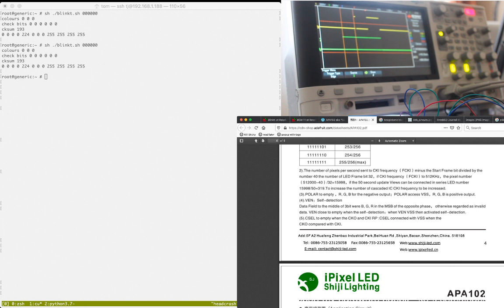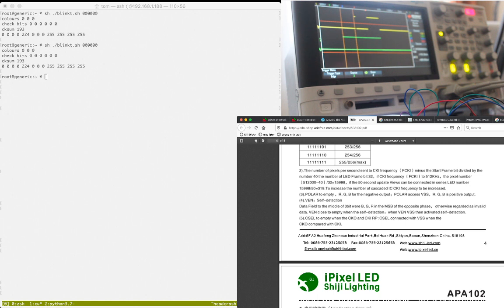If the 50-second update views can be connected in series LED number something to 319, to increase the number of cascaded IC CKI frequency to be increased. So this is what I meant earlier by the datasheet could be nonsense. I don't know what any of that means or what it's trying to accomplish. And it might make sense to me if I had worked with these sort of LEDs before, but I haven't. So I'm just sort of confused looking at it.